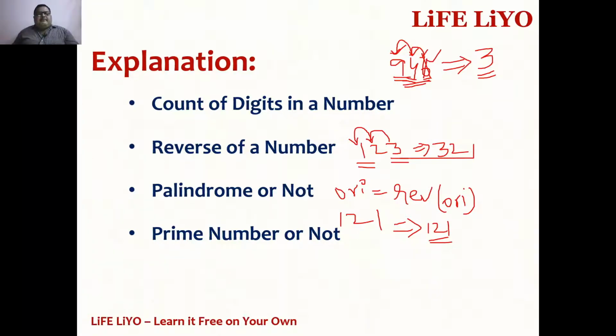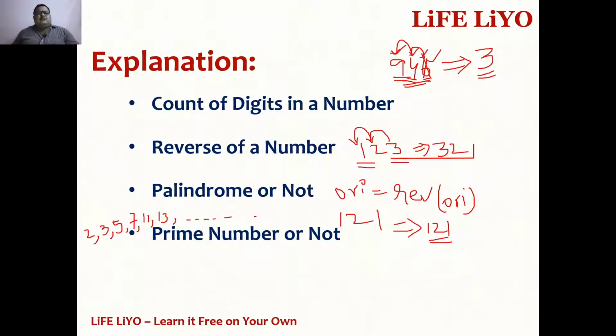So prime numbers start from 2, 3, 5, 7, 11, 13 and so on. If you observe all the numbers given here, they are divisible only by 1 and by themselves only.